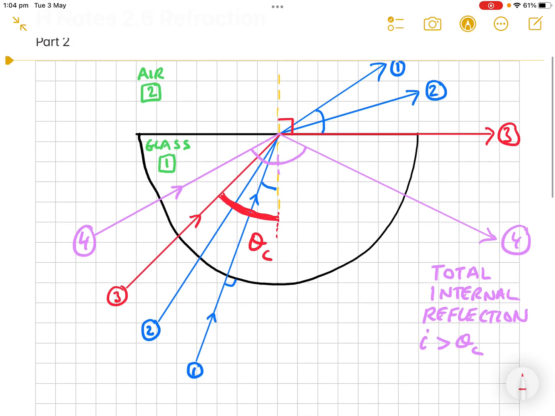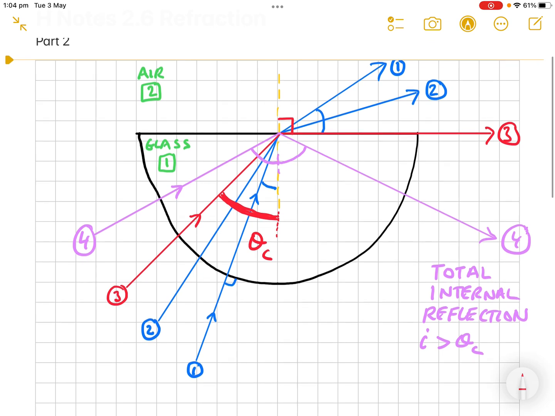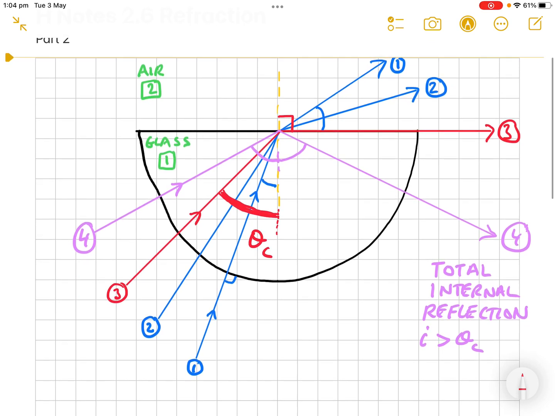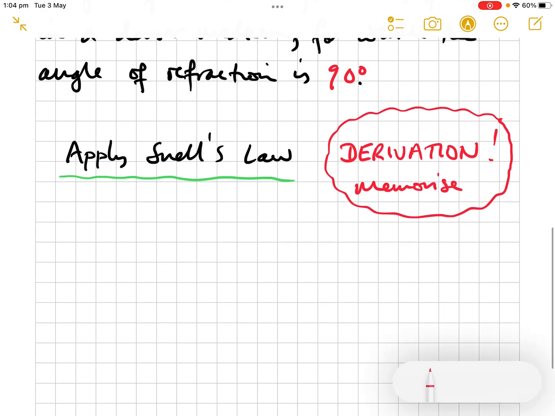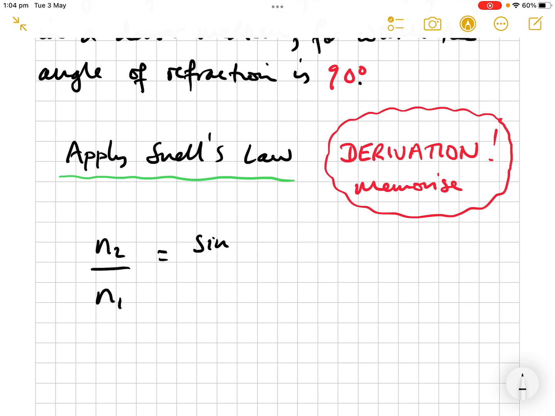So if we look at our situation, we're in the glass first, so that's medium 1, and we're in the air second, so that's medium 2. So we set up Snell's law then in the normal way. n2 over n1 is sine theta 1 over sine theta 2.